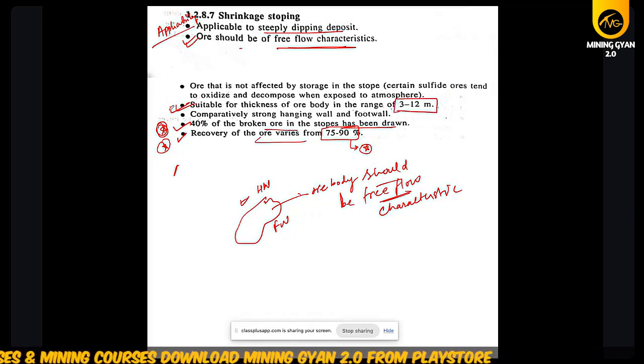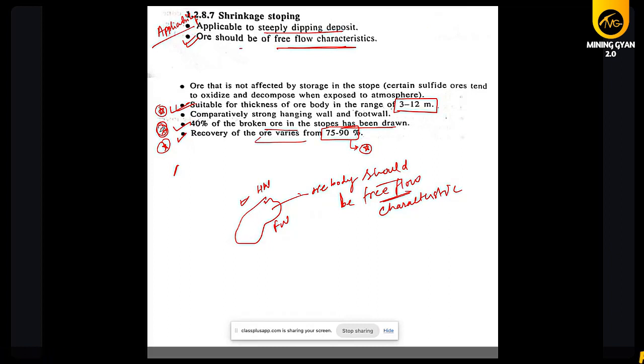This is also important. This is what A.K. Gorai has mentioned, only 4 to 5 or 6 points, but these points you should remember clearly and revise multiple times, because they can ask directly from these in the options.